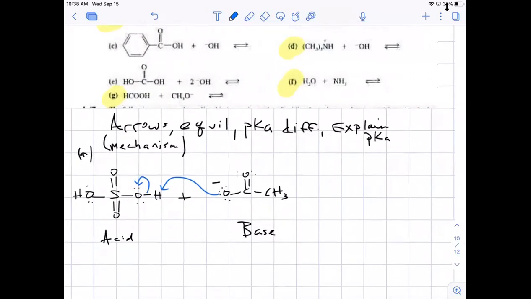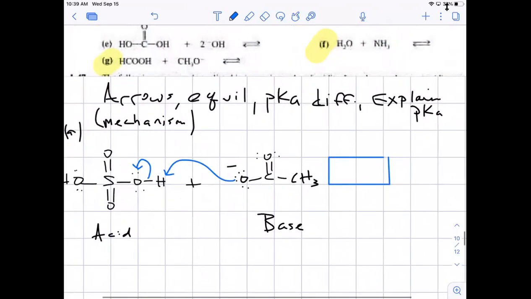So on the other side of that, I'm going to put a box here because we're going to predict equilibrium. Why did you donate it to that hydrogen, not the other one? They're both equally susceptible, but I just picked that one because it's easier to show because it's on that side. But both of those protons are equally susceptible initially to being taken off.